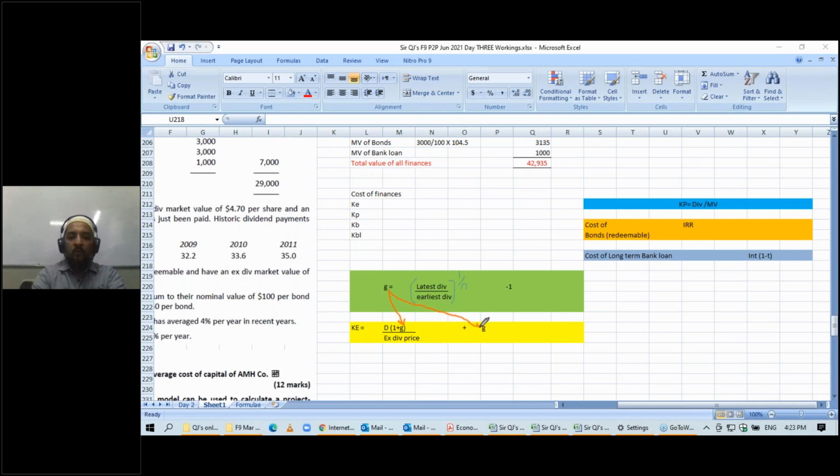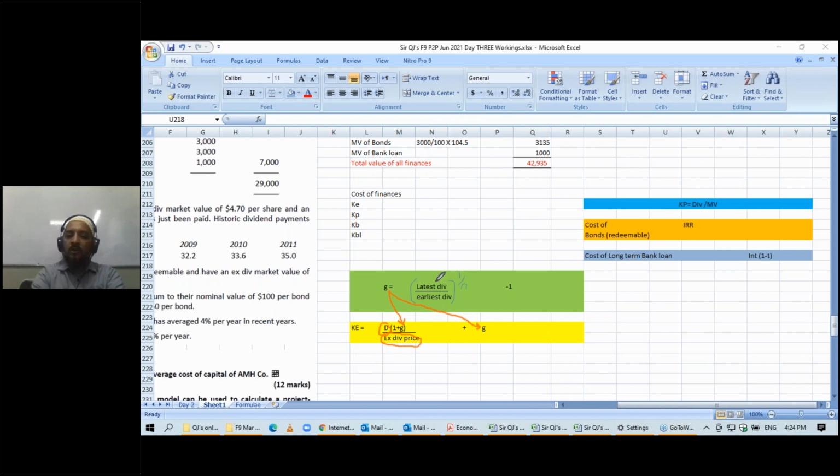So we have to put the growth rate in two places, right? Then the current dividend, this year's dividend, is multiplied by 1 plus the growth rate, and this is divided by the ex dividend price, which is $4.7 right now. So it will be placed over here.